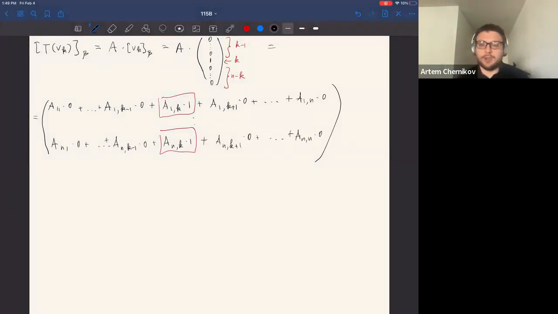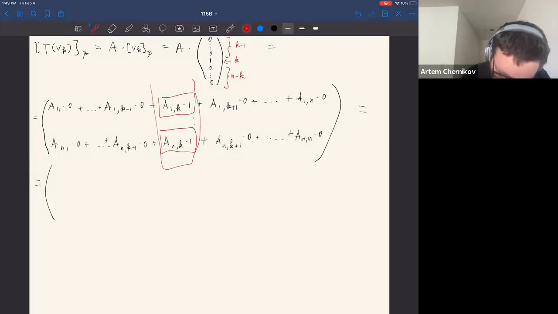Okay, so all I'm doing here is just writing out what it means to multiply this vector by a matrix. So we see that almost everything is 0 in the sums.